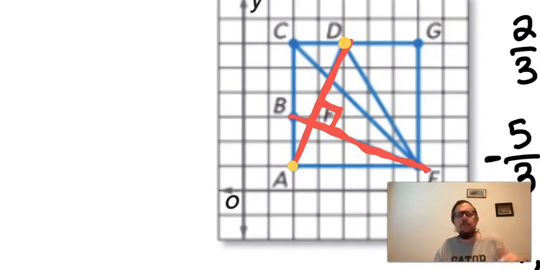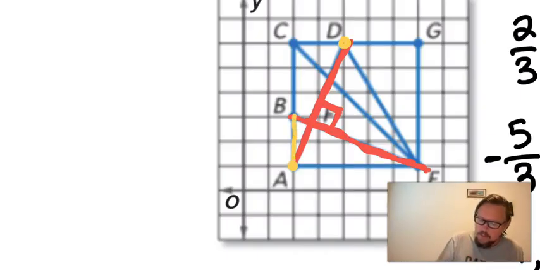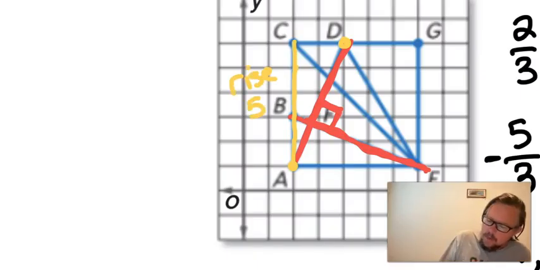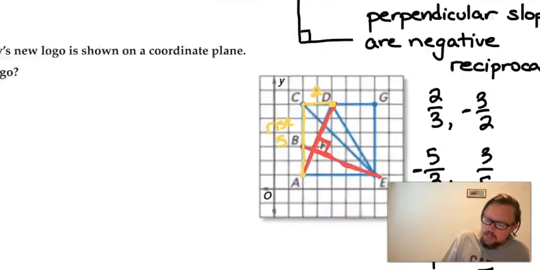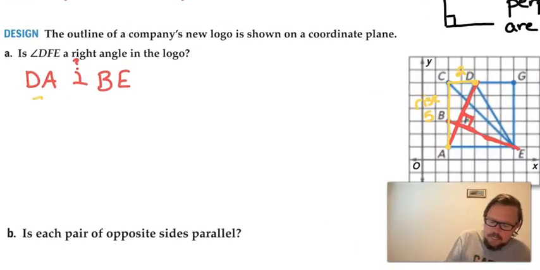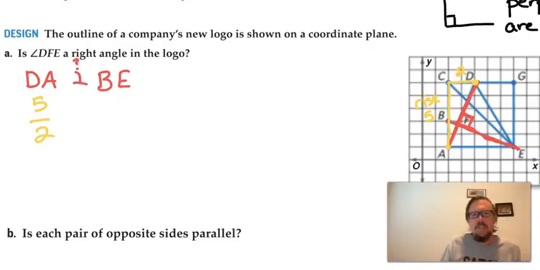The line's going up, so I know it's a positive slope, and let's just count. It's 1, 2, 3, 4, 5 is the rise, and the run is 1, 2. Okay, so the slope of DA is 5/2.